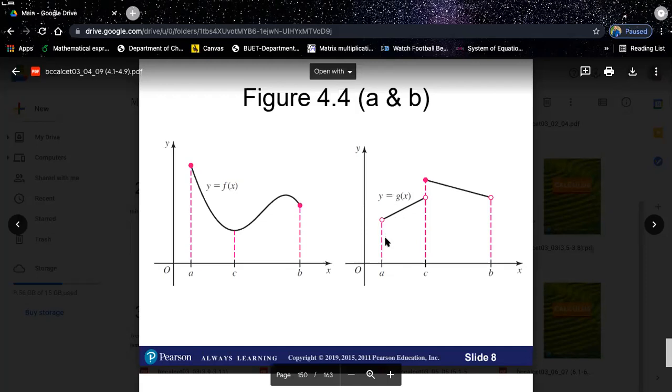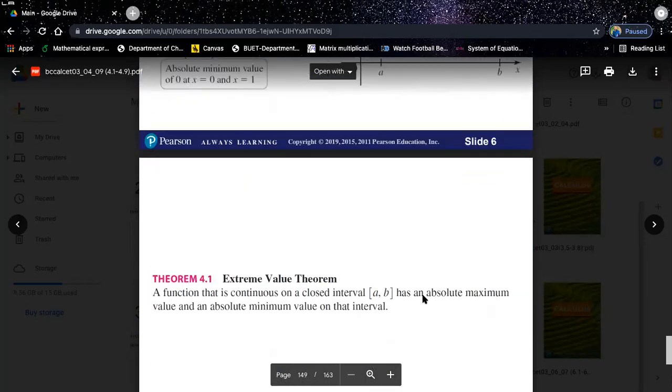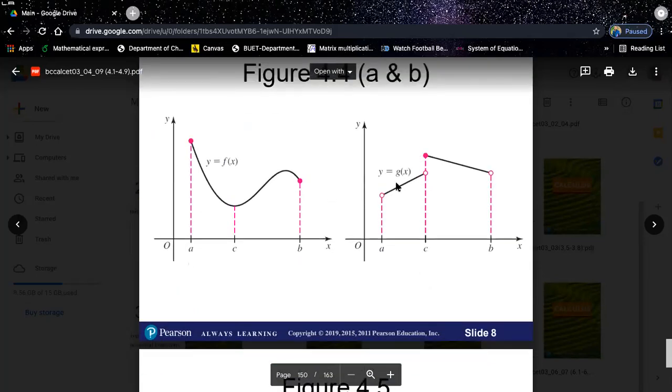So if we consider this part of this graph of this function, you can see that we can't really decide, using the concept from the previous discussion. If you remember, we did discuss this part. Using this concept, we could say that there is no maximum or minimum for this function, for this part of this interval. Do you agree?